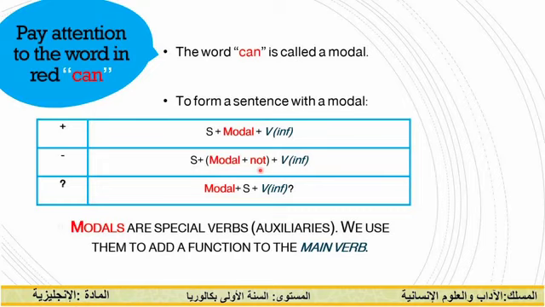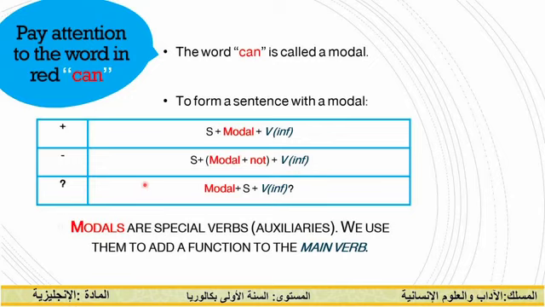It's that simple. It's like the verb to be. When you say, I am not, you are not, he is not, okay? But the verb to be is not a modal verb. It's just something that they have in common. And then we go to the verb and it is in the infinitive.